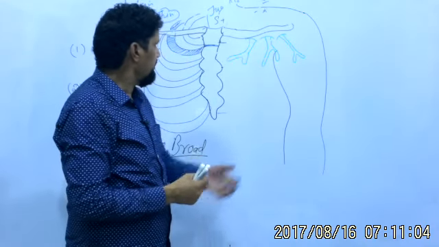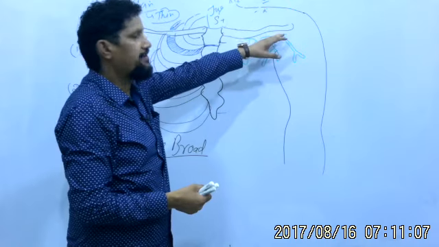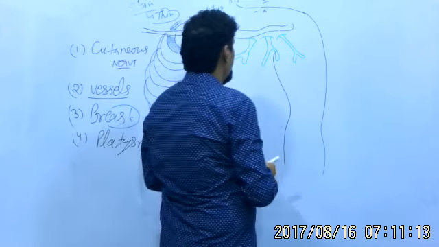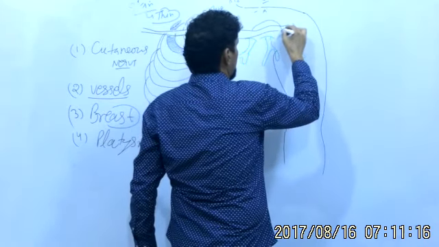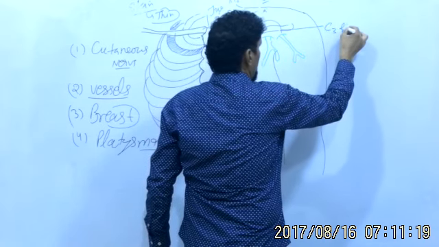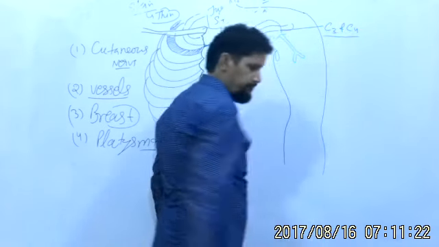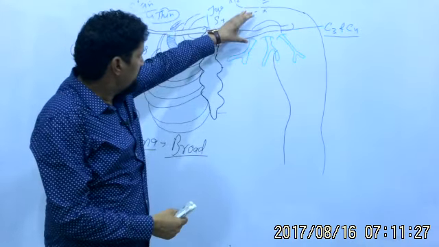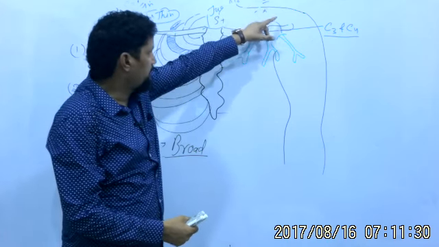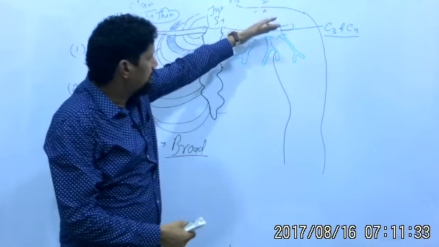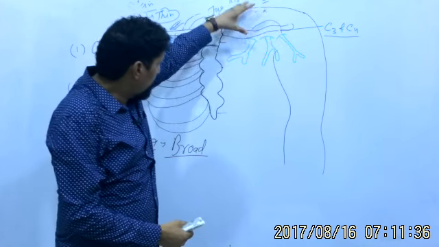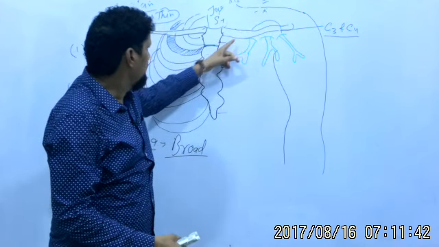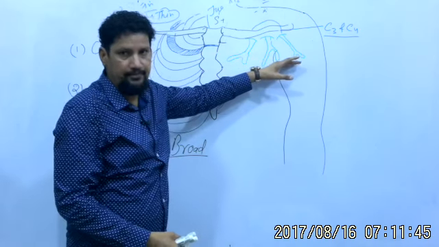Piercing the deep fascia above the clavicle and taking origin from the cervical plexus, C3 and C4, these three nerves come from the cervical plexus above the clavicle and go downwards to supply the skin from the clavicle up to the second rib.